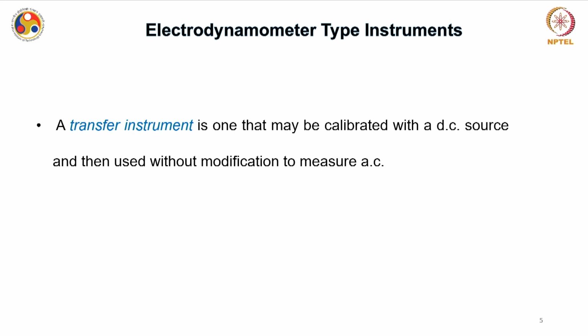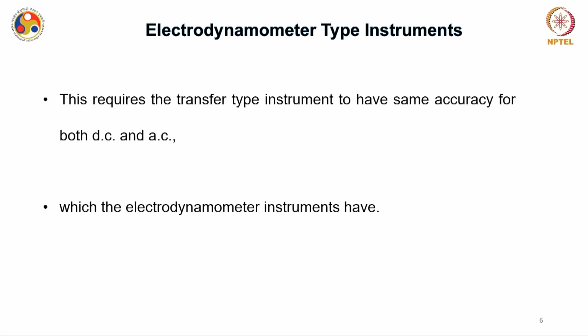So, this is a very special type of instrument, and this requires the transfer type instrument to have the same or at least similar accuracy for both kinds of signals, when it is used for measurement of DC or when it is used for measurement of AC.